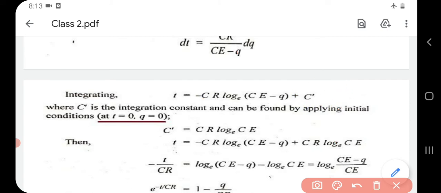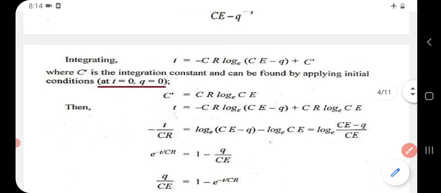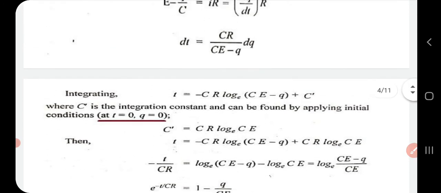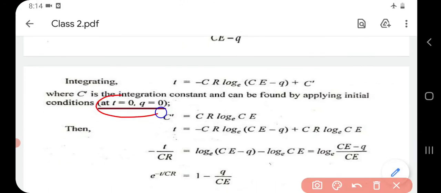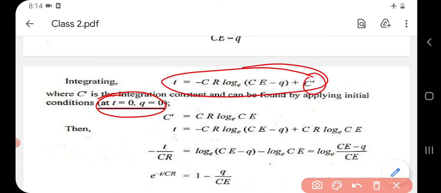Our next step, as in the last class, is to find the value of this constant of integration, C dash. For that we have to apply a condition. What is the condition? At time t equal to 0, q equal to 0. On applying this condition on this equation, you will get the value of C dash as this.